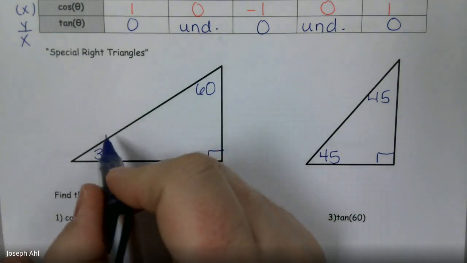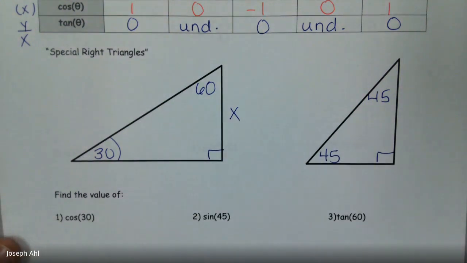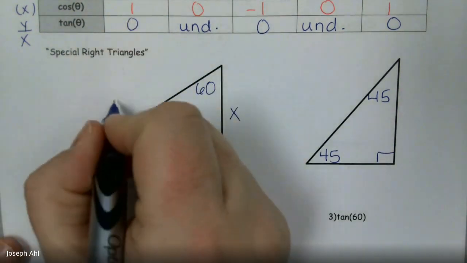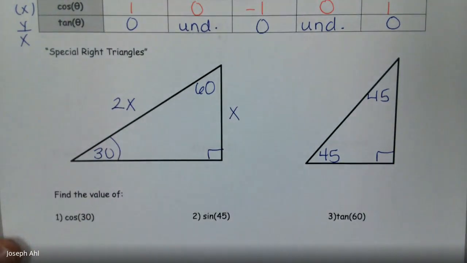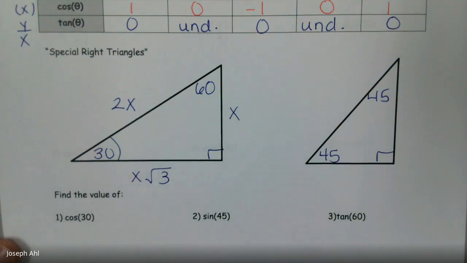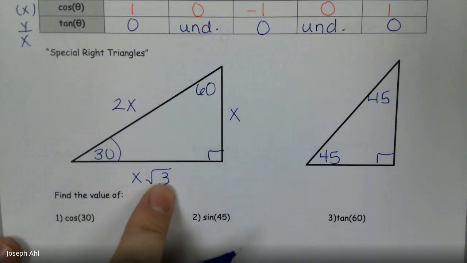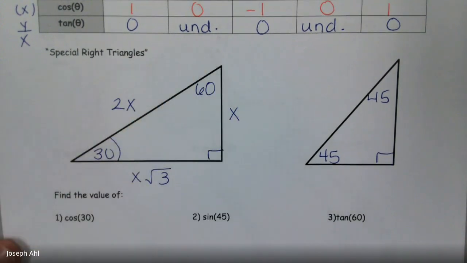So in general, in a 30-degree triangle, across from the 30, we would label that as x. And whatever's across from 30, the hypotenuse of this triangle is always double that. So that would be 2x. And then across from 60 is that number times radical 3. So whatever's across from 30, across from 60 is that number times radical 3. And then the hypotenuse is double that.